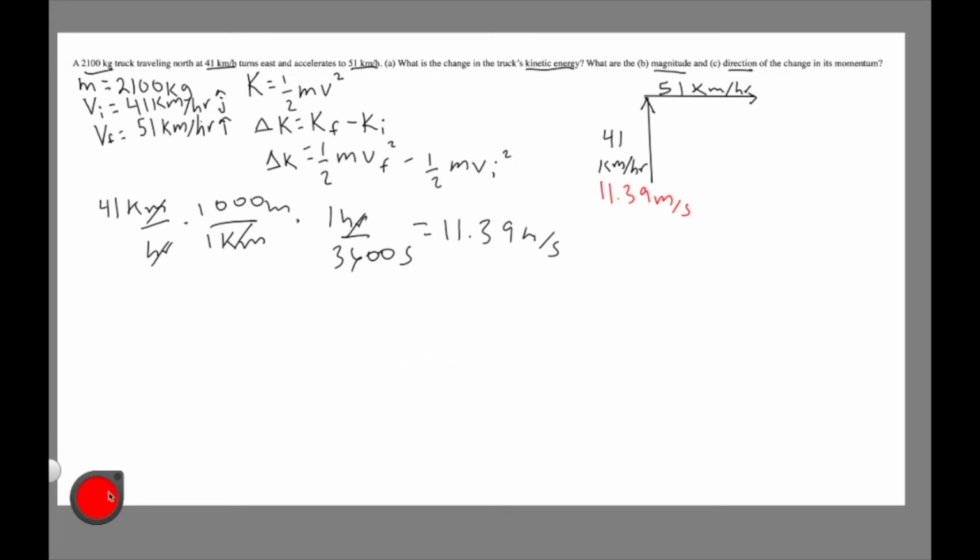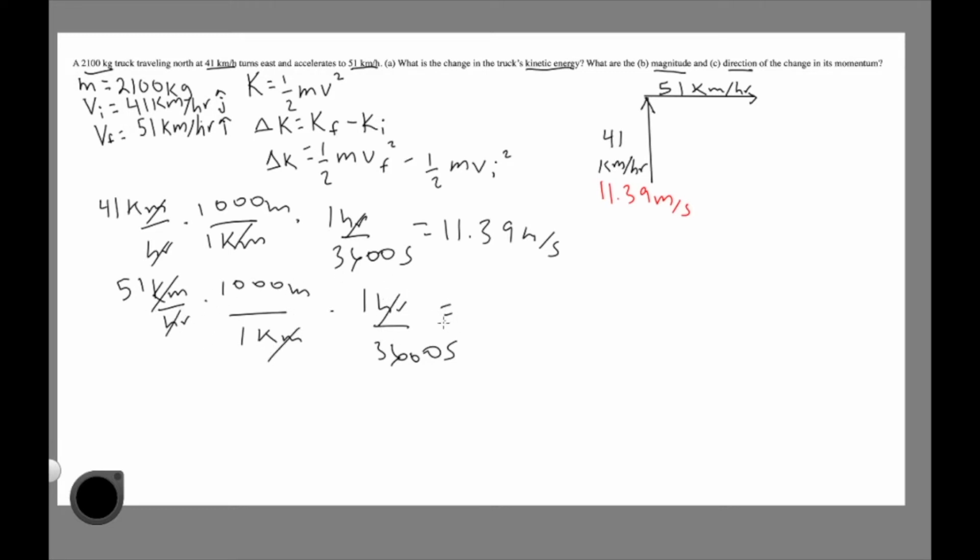And then let's do the same thing for 51. Once again, the kilometers are going to cancel out and the hours are going to cancel out.